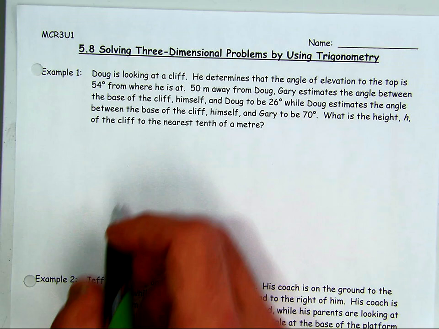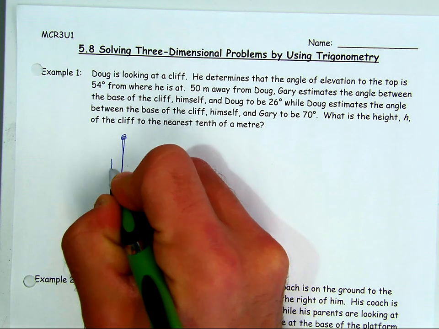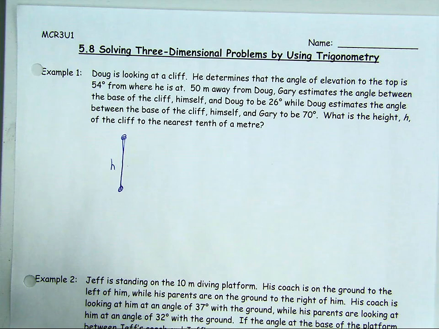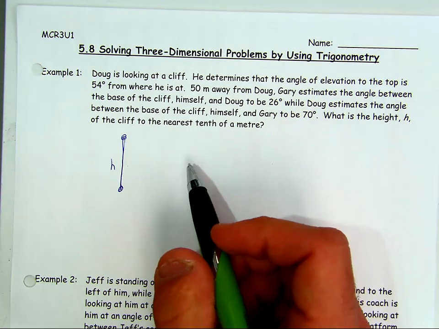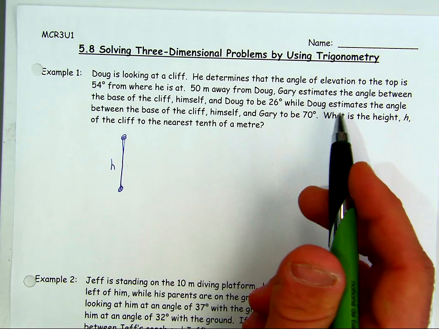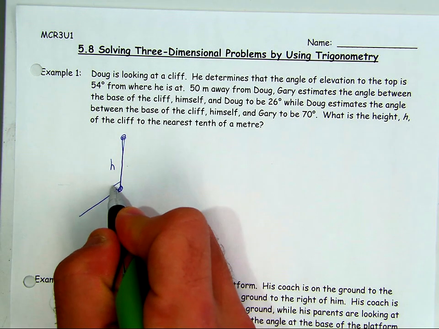I'm going to draw this in a three-dimensional perspective here. Here is the cliff, and this is the height of the cliff. Doug is looking at a cliff, and he determines that the angle of elevation to the top is 54. Instead of drawing 90 degrees this way, I'm going to draw this triangle coming out of the page.